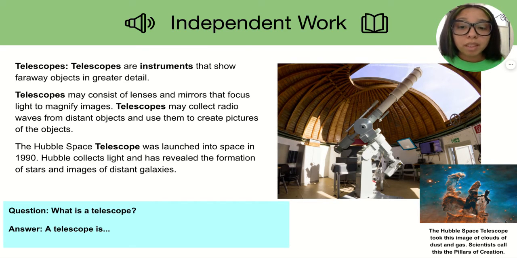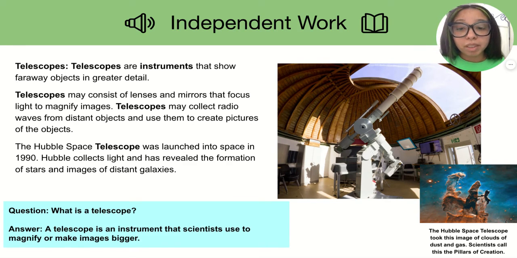The Hubble Space Telescope was launched into space in 1990. Hubble collects light and has revealed the formation of stars and images of distant galaxies. Here is your question. What is a telescope? You can pause the video now to answer this question. A telescope is an instrument that scientists use to magnify or make things bigger.